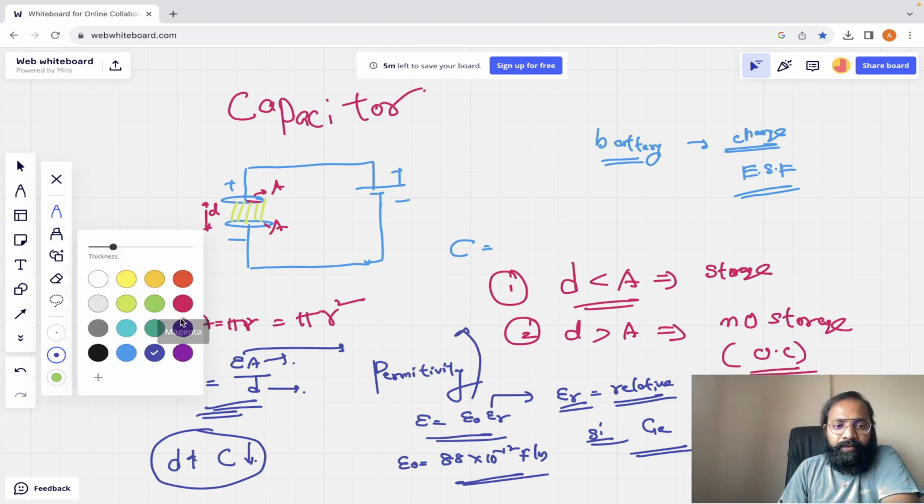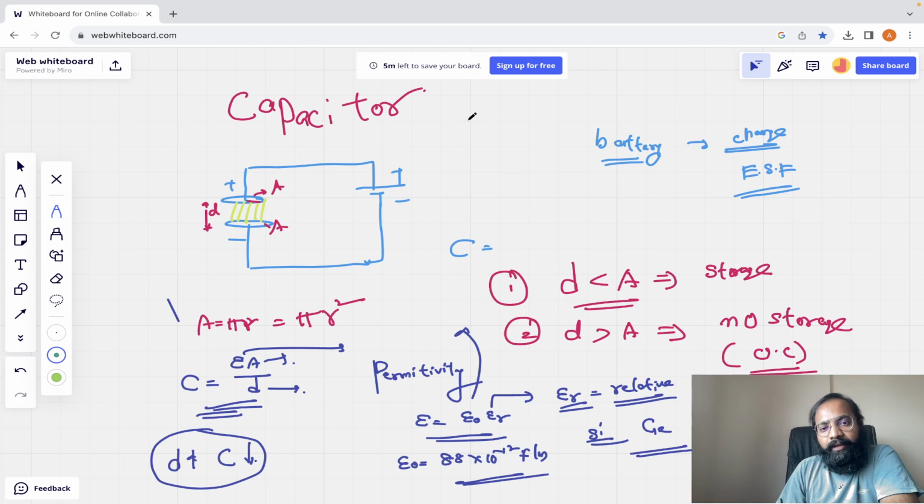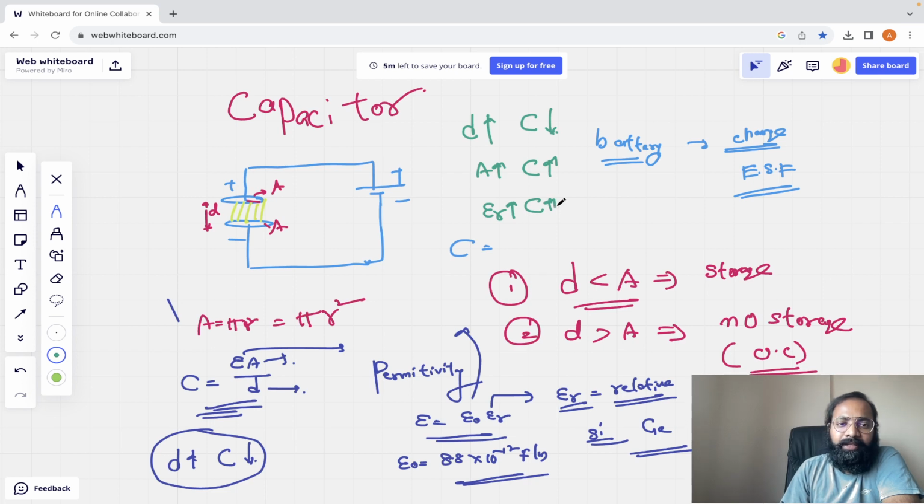So if the distance between the two plates is increasing, then the capacitance decreases, because it is inversely proportional. If the area is increasing, then the capacitance also increases. If the relative permittivity is increasing, then the capacitance will also increase.